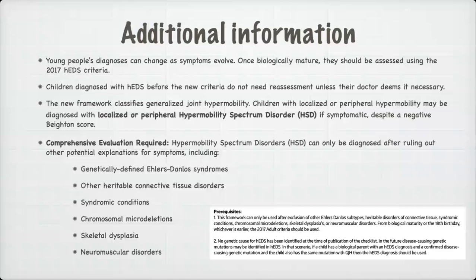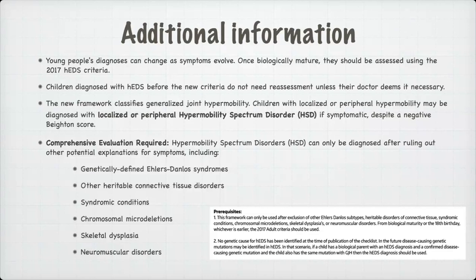Children diagnosed with HEDS before the new criteria do not need reassessment unless their doctor deems it necessary. So if your child was diagnosed 5 years ago or 3 years ago with HEDS, it doesn't change their condition unless you think it was inaccurate or not comprehensive, or obviously the clinician or the doctor thinks so.